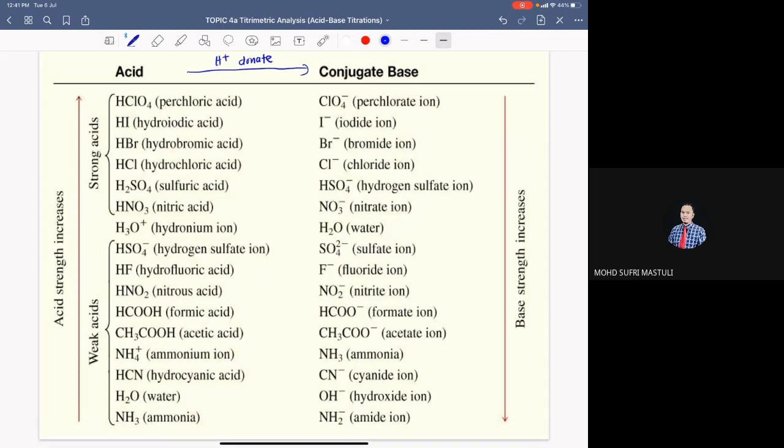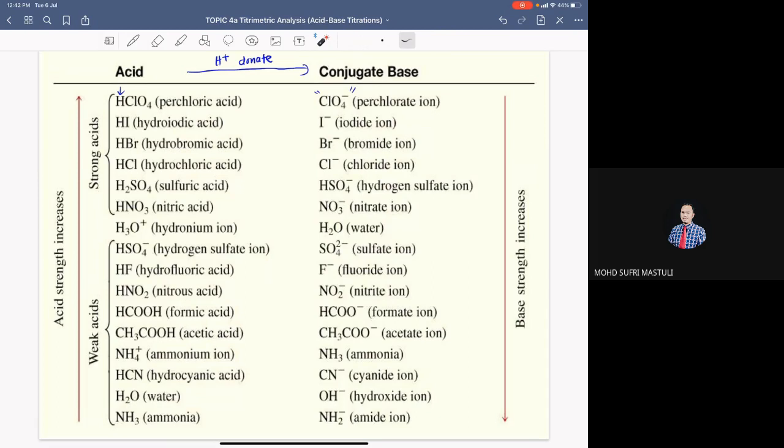As I mentioned, a conjugate base is a species after we remove the proton. As you can see, all the protons are removed, so it becomes ClO4 minus. So no need to remember this one. It's just to give you some idea about it.